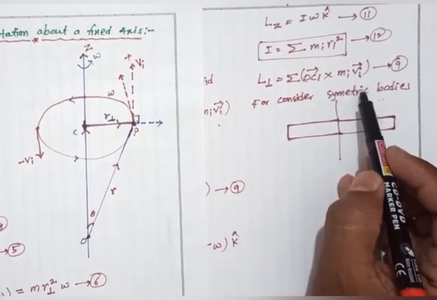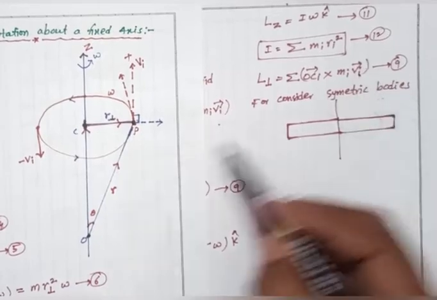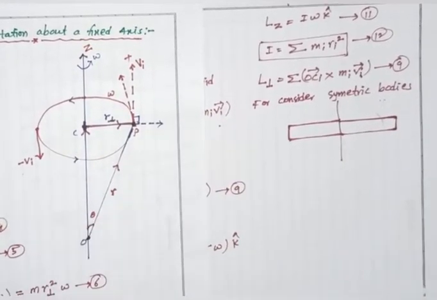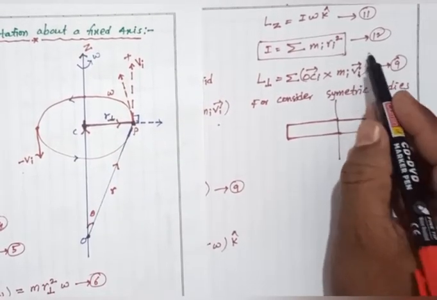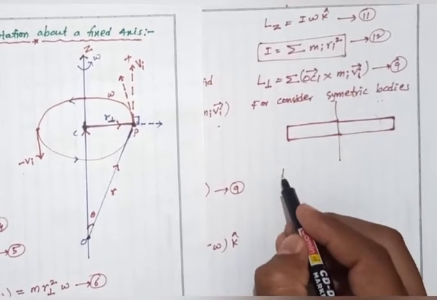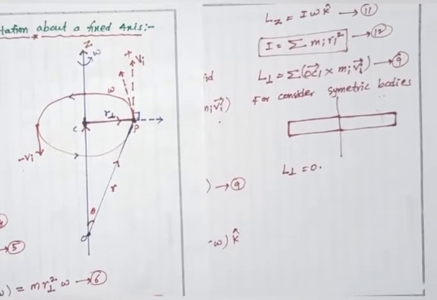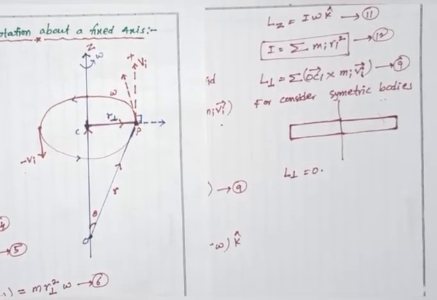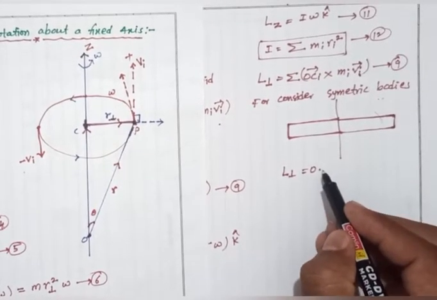For symmetric bodies, what happens here? The v_i in the upward direction is positive and in the downward direction is negative. So in the summation, minus v_i plus v_i cancel. So L perpendicular equals 0.